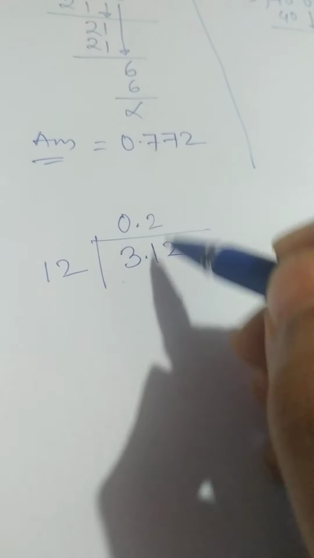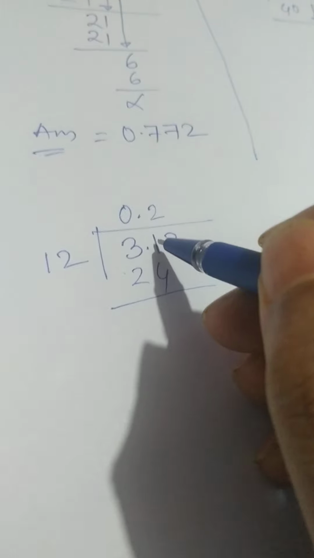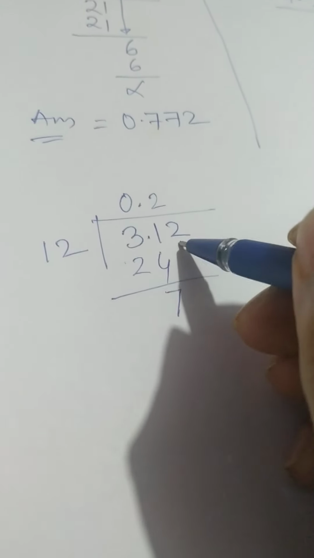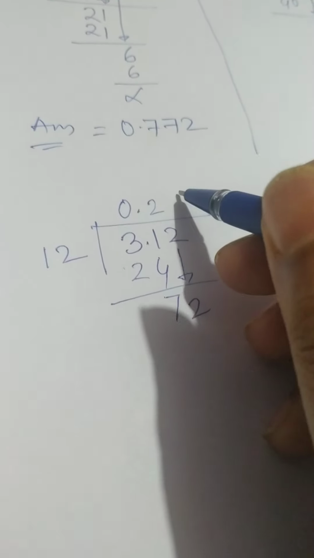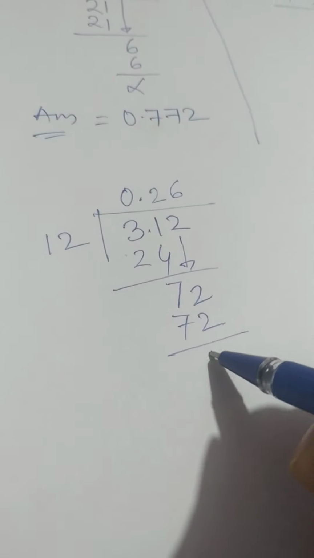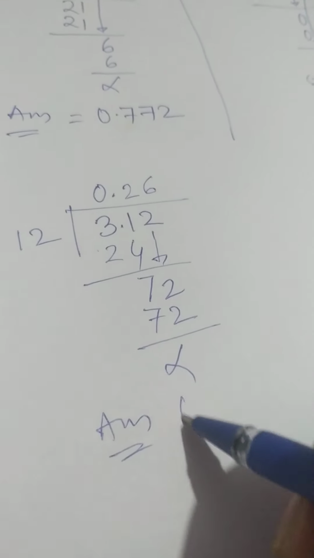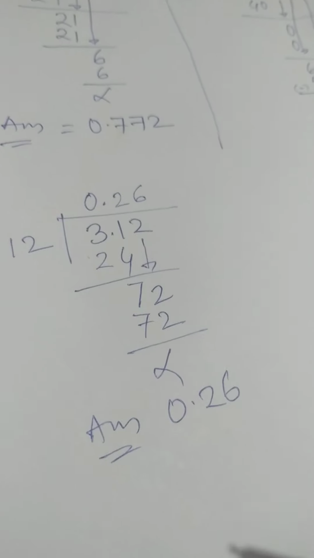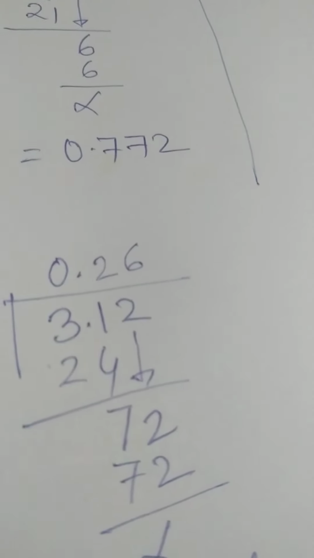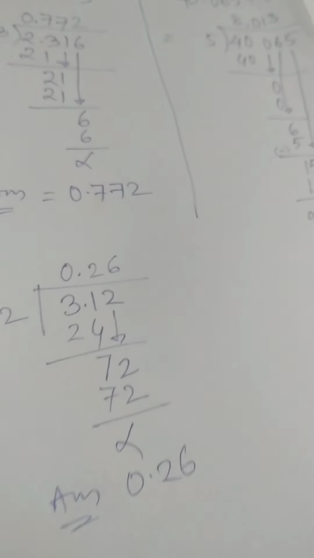So 12 twos are 24, right? So 31 minus 24 is 7, and this 2 comes. 12 sixes are 72. So the answer is 0.26. So in the normal way we can do the division. I hope these are very clear.